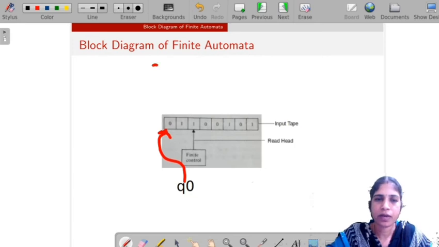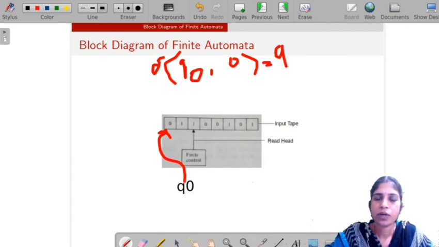We can write the transition as delta of Q0, 0. Suppose delta of Q0, 0 is equal to Q1. That means there is a transition from the state Q0 to Q1 over the alphabet 0.